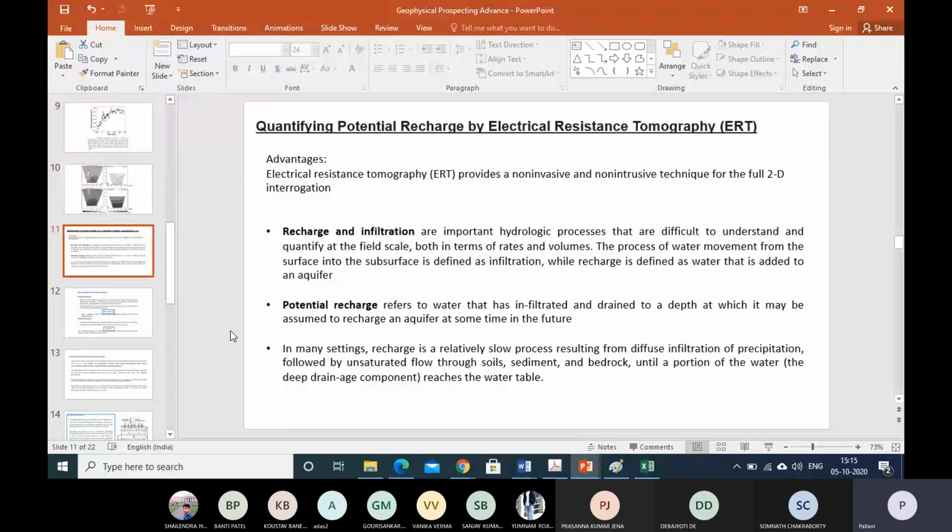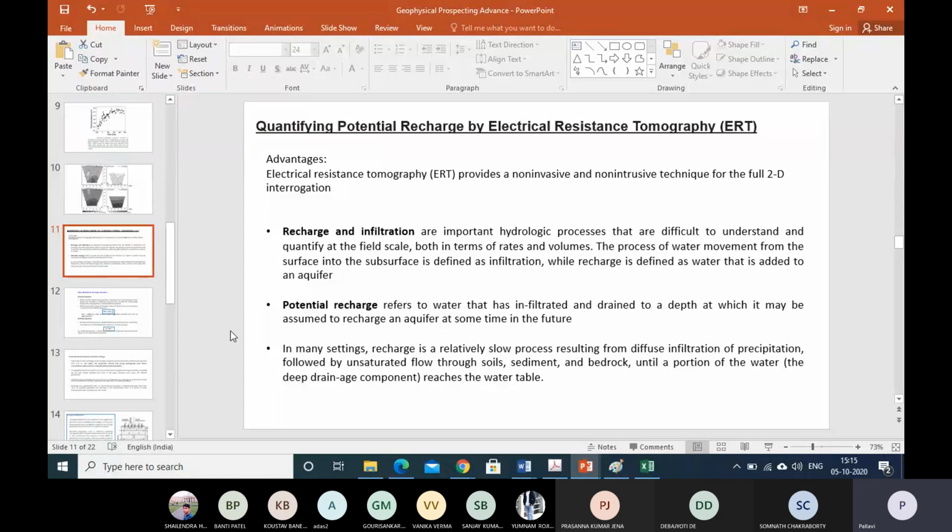For example, your rainfall event was not so long, but if you are taking samples to your laboratory, you will consider that whenever there is a rainfall, your sample is going to saturate. You don't have an idea how much time it takes to get recharge. What is the time gap between the initial rainfall event and the actual recharge, the potential recharge? So this time gap is very important.